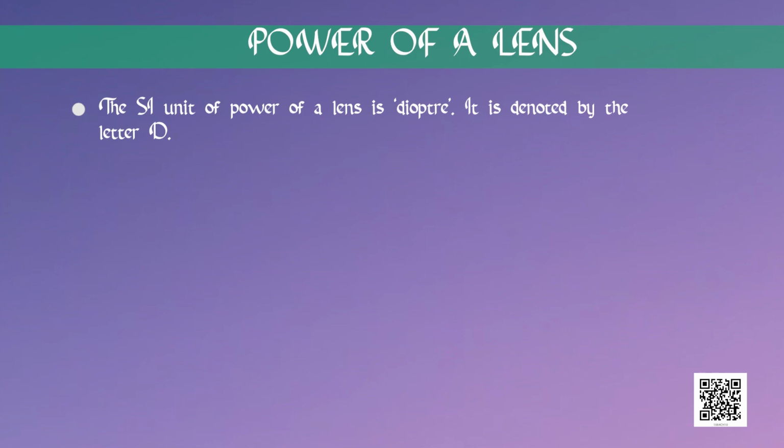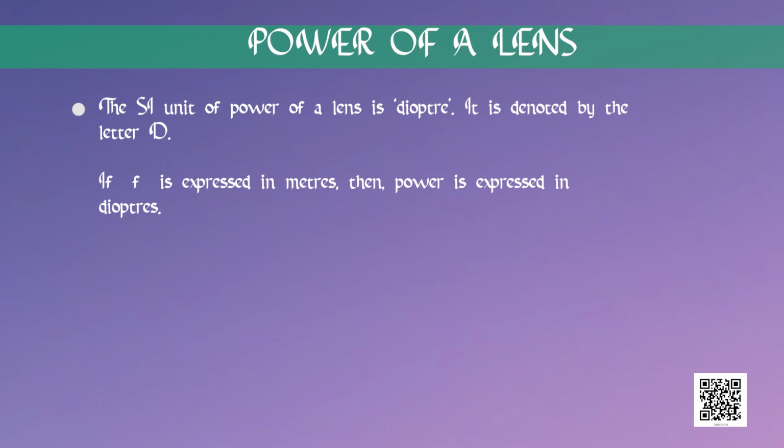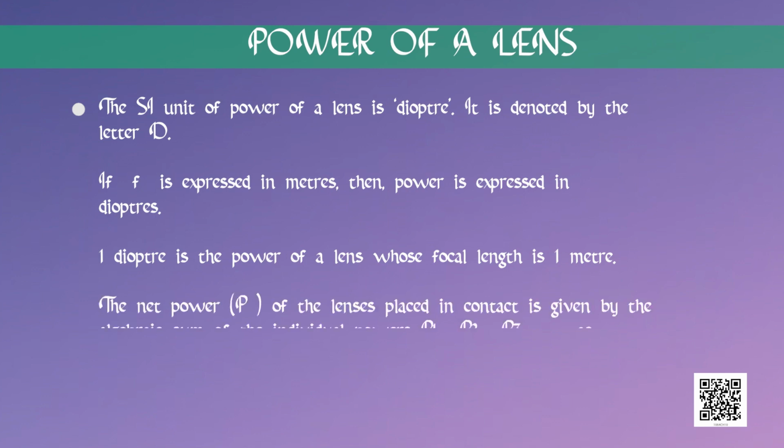It is denoted by capital letter D. If focal length f is expressed in meters, then power is expressed in diopters. Thus, 1 diopter is the power of a lens whose focal length is 1 meter. The power of a lens carries the same sign as its focal length.